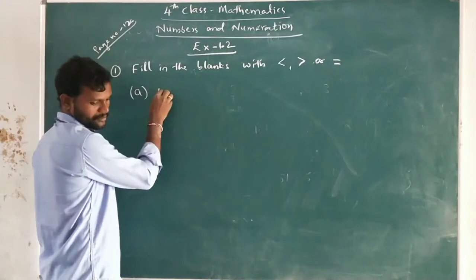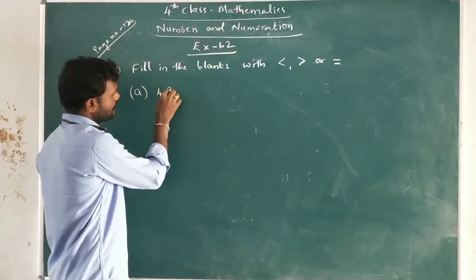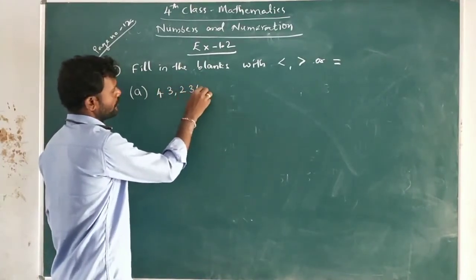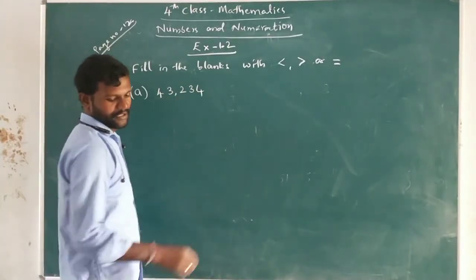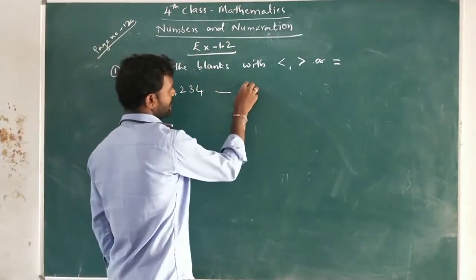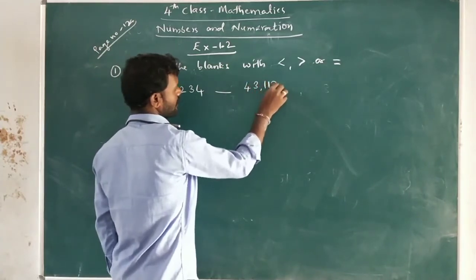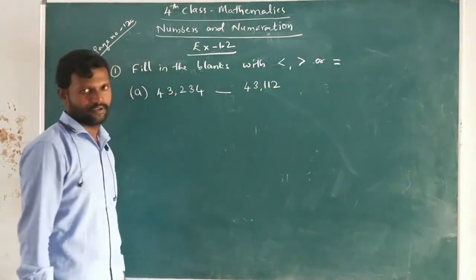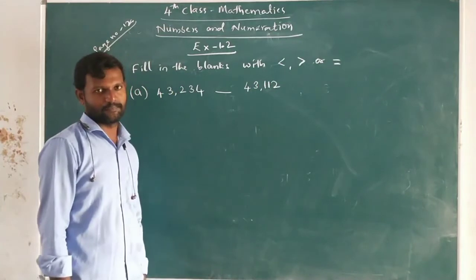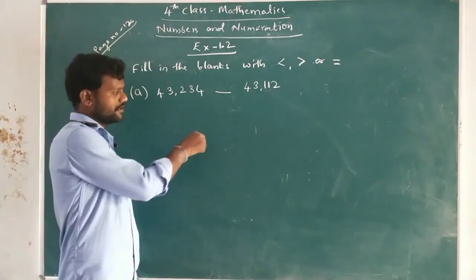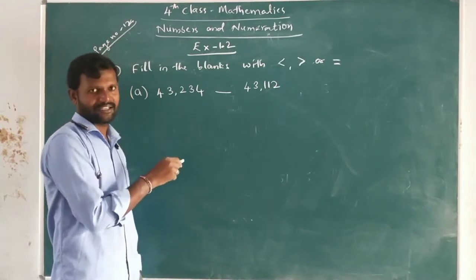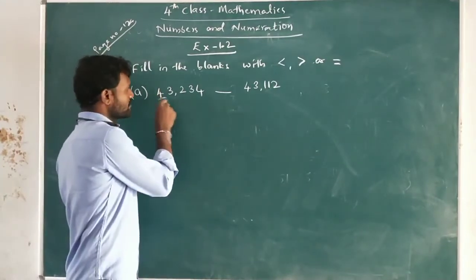43,234 dash 43,112. Which symbol do you have to use? Just observe what I said in the previous one. Observe the numbers from the start.